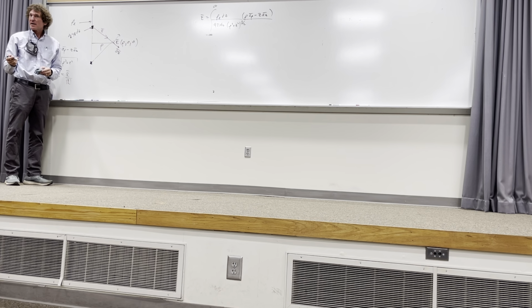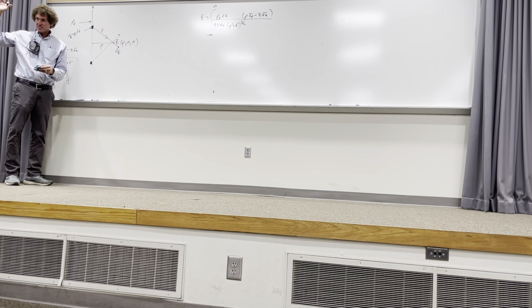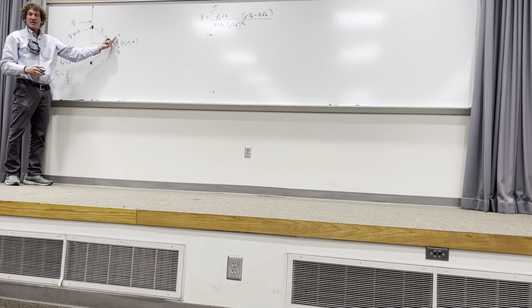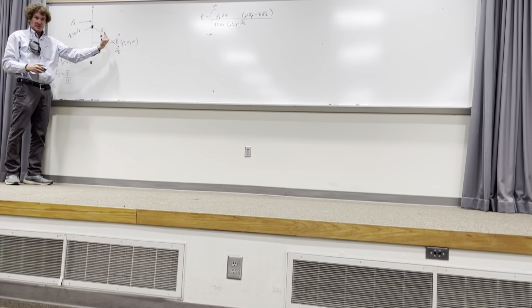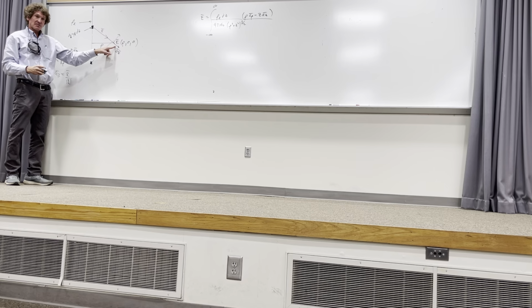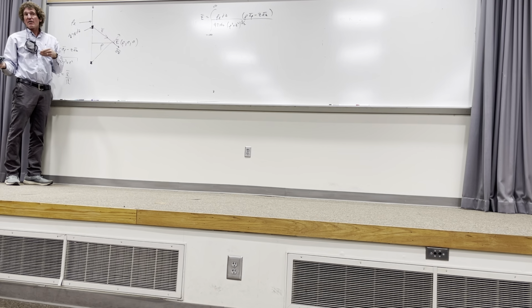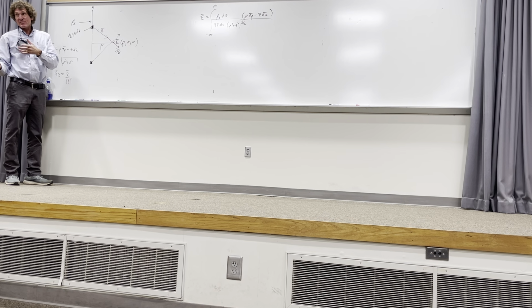How many see it cancels? That one's going to have the exact same magnitude, and a direction exactly opposite in the z direction. This one's a minus, this is a plus. They'll annihilate each other.